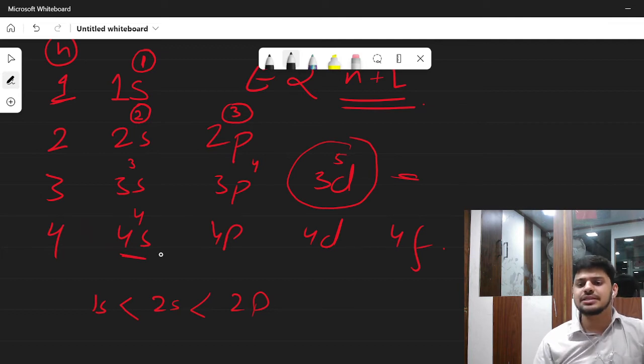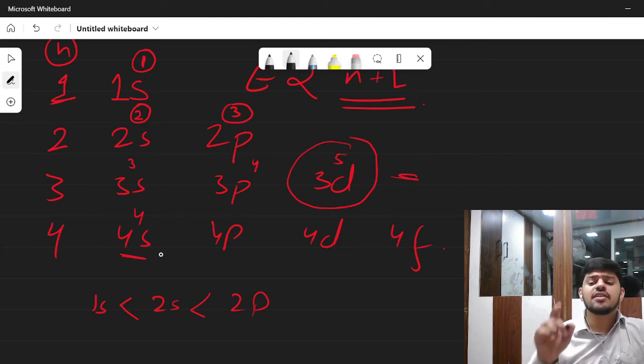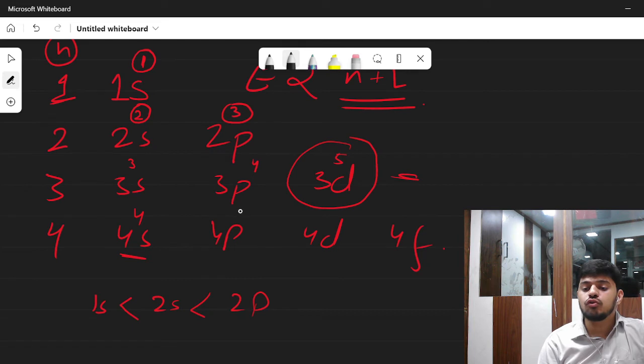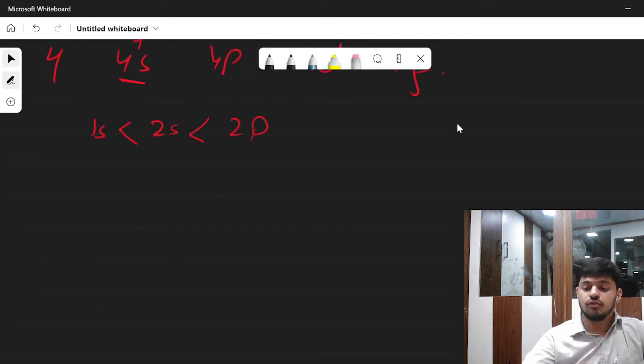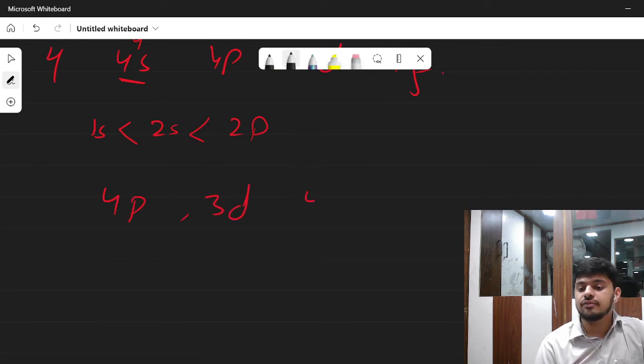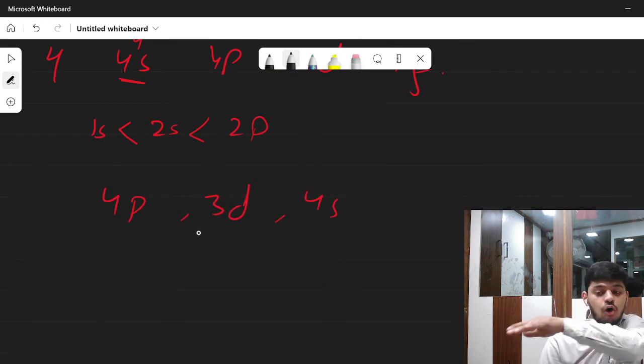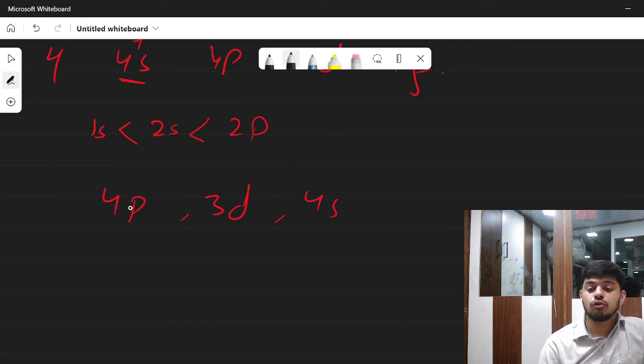So it means that if I want to put 4p, 3d and 4s in order, let us do 4 plus 1 is 5, 3 plus 2 is also 5, 4 plus s is 4.